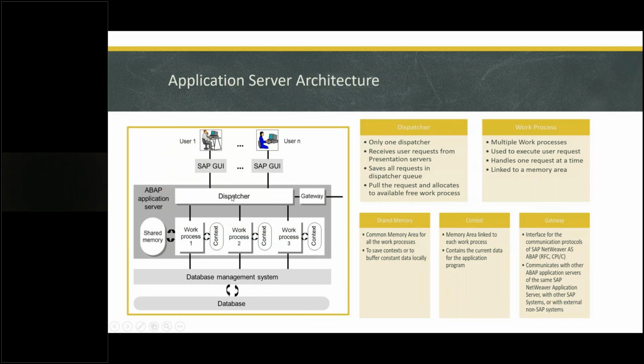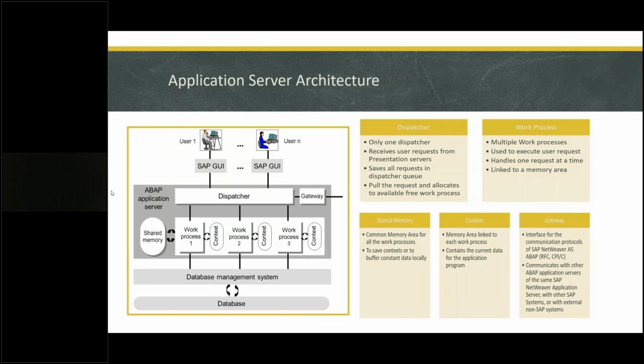Once the request is received, it is put into a queue, first in first out. If no work process is available, it stays in the queue; otherwise it is allocated to the respective work process.